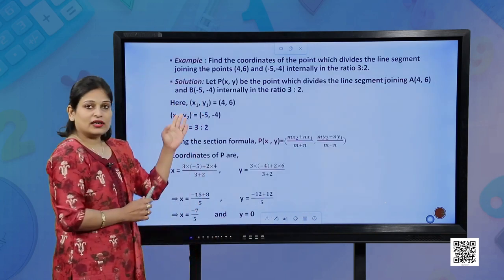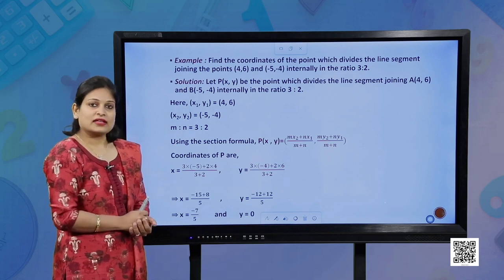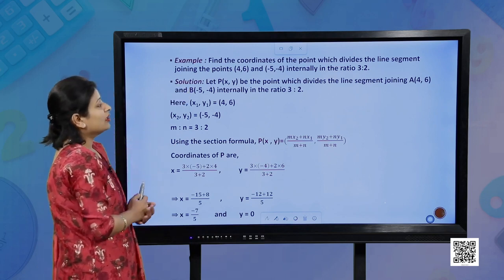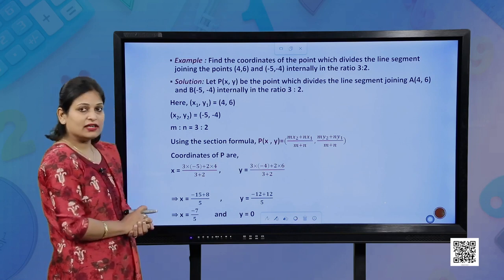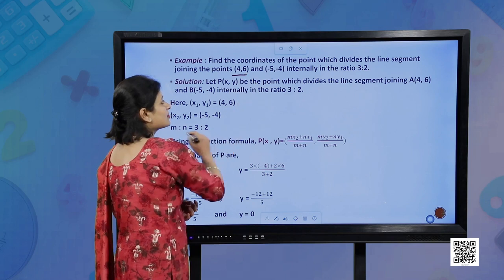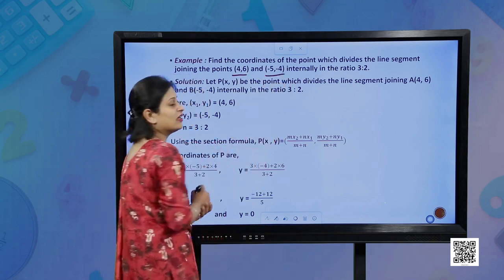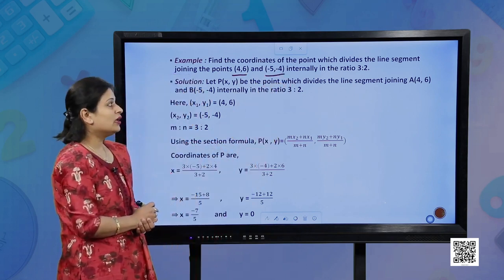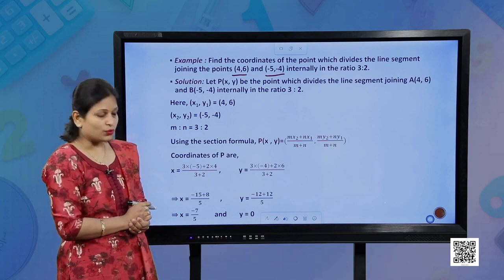Now, let us understand this with the help of an example. Find the coordinates of a point which divides the line segment joining the points (4, 6) and (-5, -4) internally in the ratio 3:2.